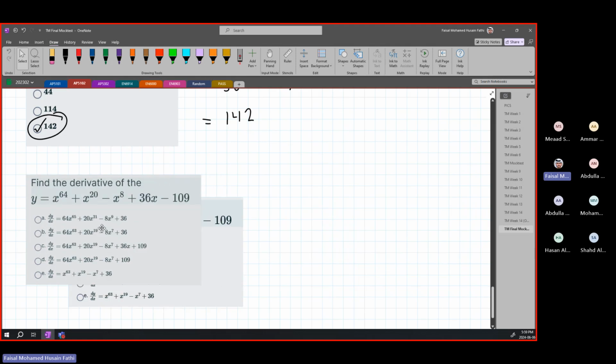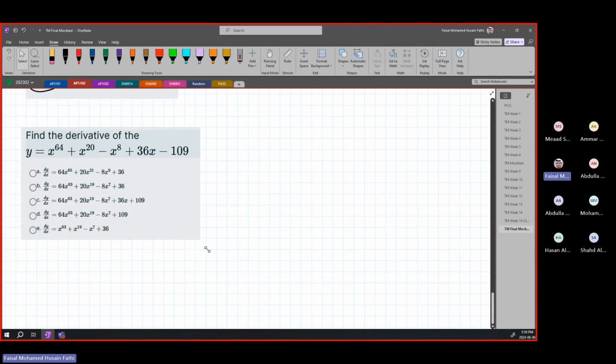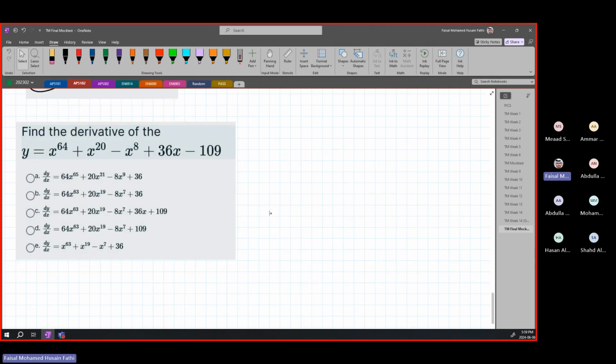Find the derivative of the following, which is y equals x power 64 plus x power 20 minus x power 8 plus 36x minus 109. This is just your general form. So x power 64 is going to be 64 times x power 63.